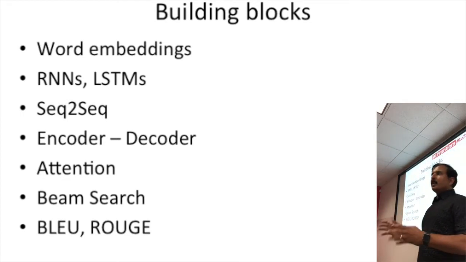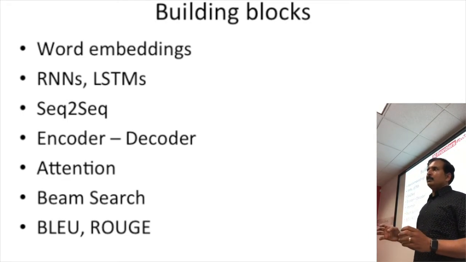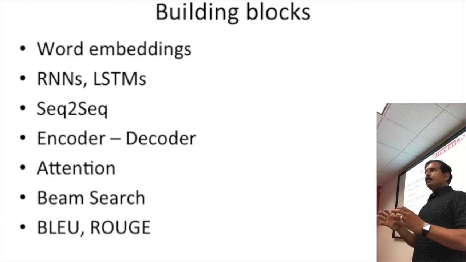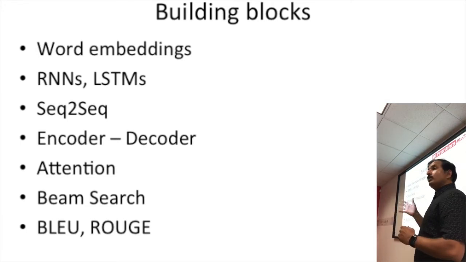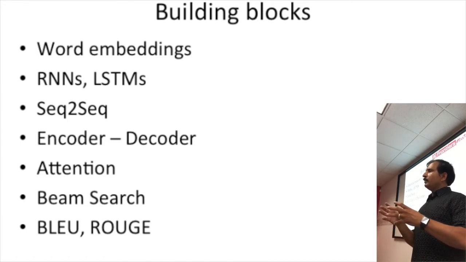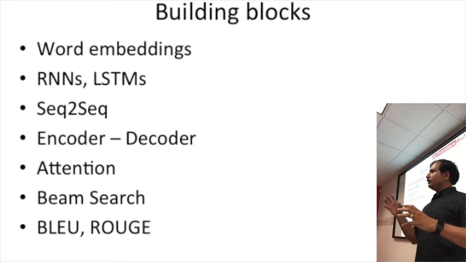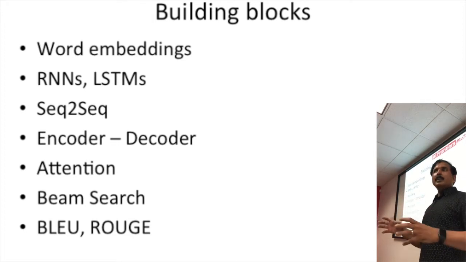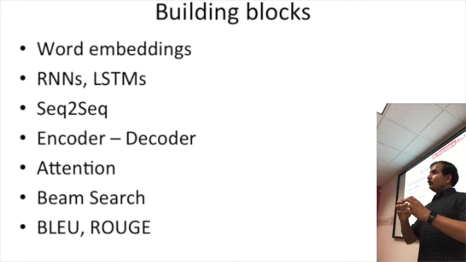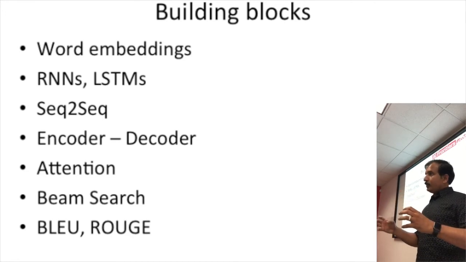And of course, you might have heard of RNNs, recurrent neural networks, or LSTMs. LSTM, long short-term memory, is a variation of RNN. In text processing, whether it's translating from one language to another, or summarization, or question answering, you have to feed the text in a sequence into the neural networks.